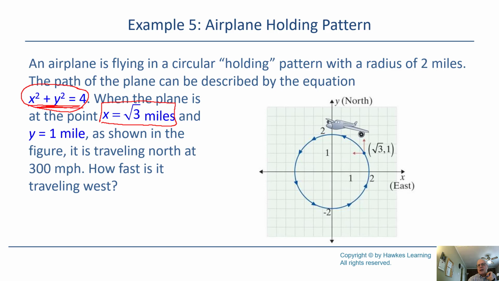It's easier to tell how that goes together. So the plane is right here, 1.73 miles east and 1 mile north. The question is, when it's at this point, how fast is it going west?